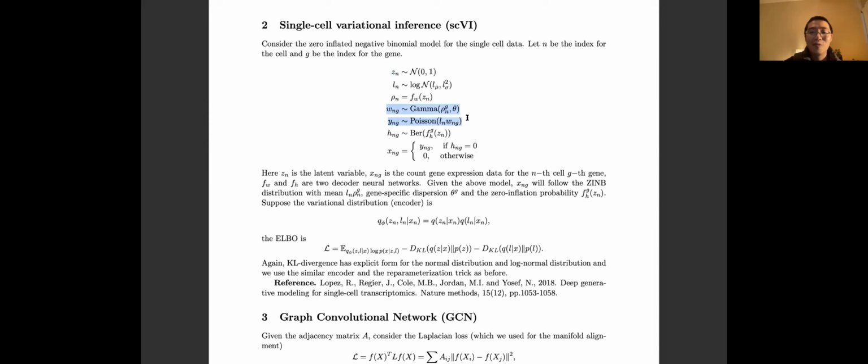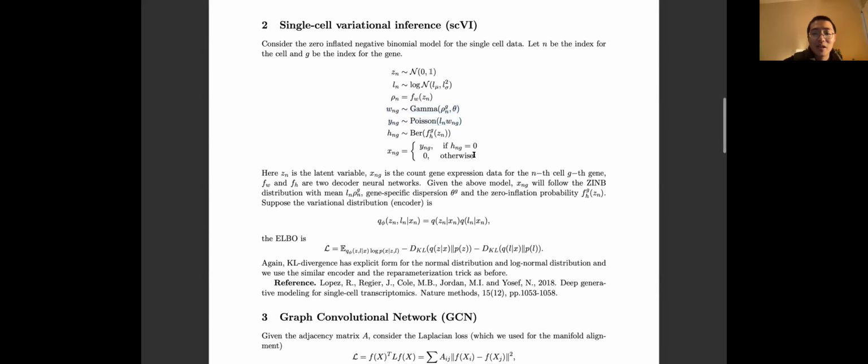For these two distributions, a Poisson mixed with a gamma gives a negative binomial distribution. So YNG follows a negative binomial distribution with mean LN WNG and dispersion rho NG. This is the generative model to generate the gene expression level YNG.